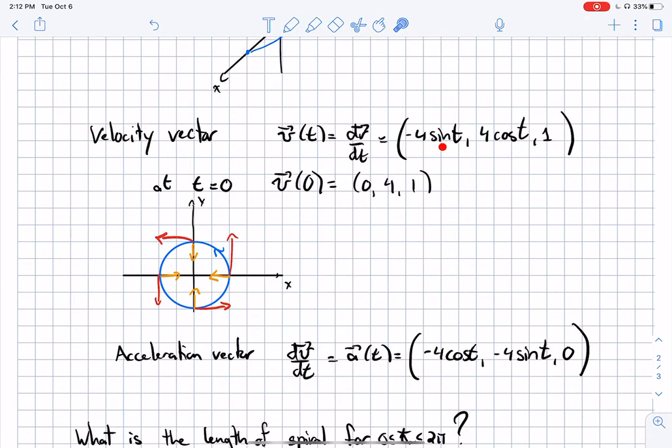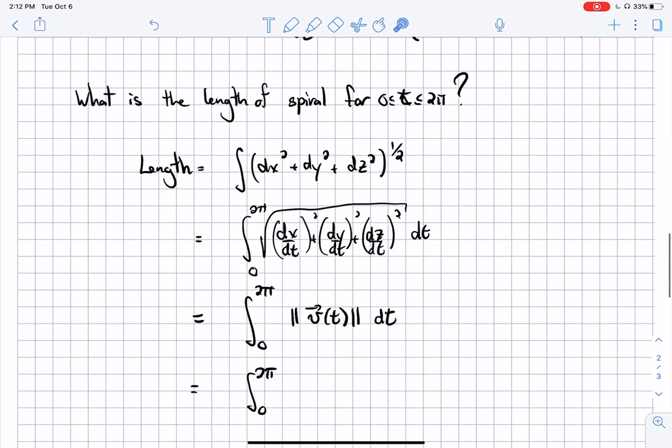Okay, so you're going to get 16 sine squared plus 16 cosine squared, so I just get 16 plus 1. So this is going to be the square root of 16 plus 1, right, dt. So the length of the spiral between times 0 and 2 pi is 2 pi times the square root of 17.